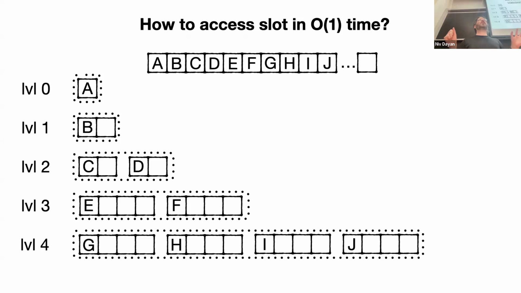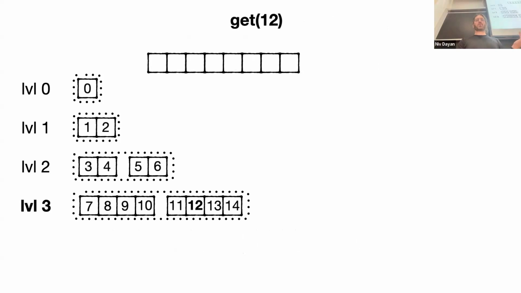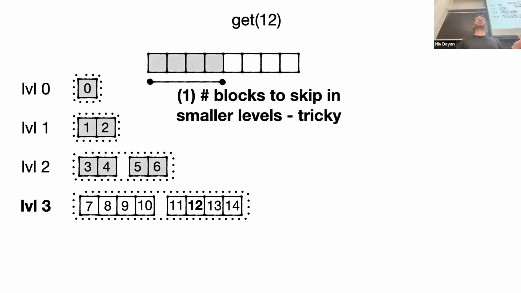Now let's look at the question of how to actually handle queries. To illustrate the problem we're trying to solve, suppose we have a get for slot number 12. There are a few things that we need to do here, and we need to do them fast to get to the slot containing the data we're looking for. First of all, we need to infer how many data blocks we need to skip at smaller levels, because that's going to correspond to the number of pointers that we need to skip in the directory.